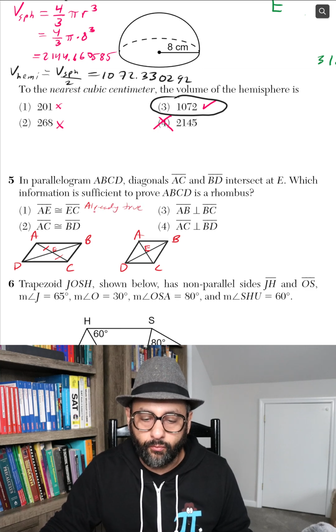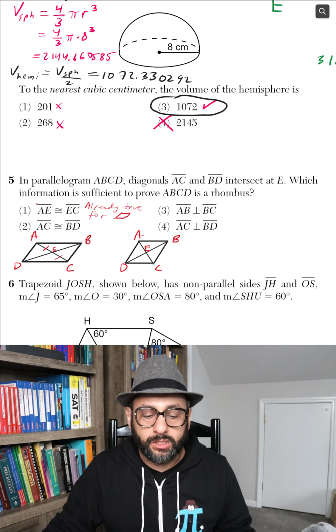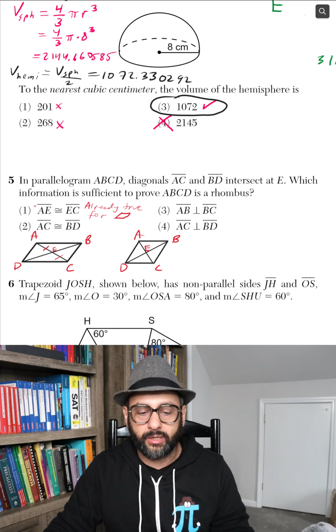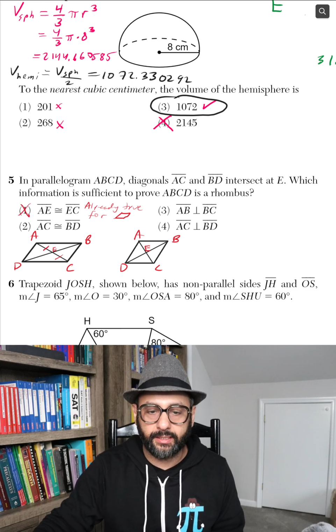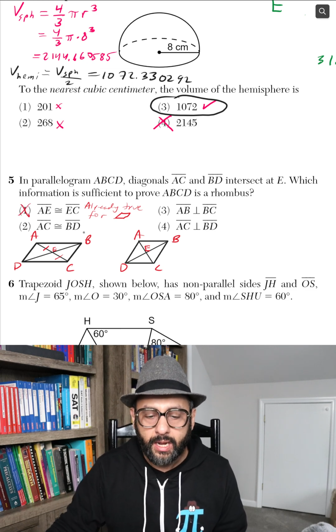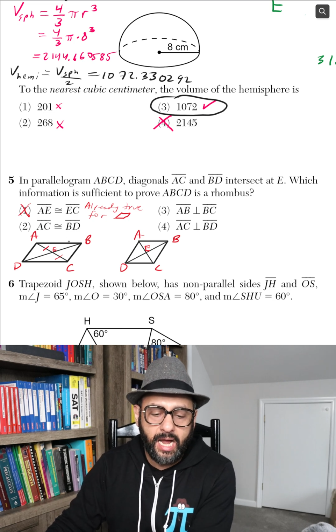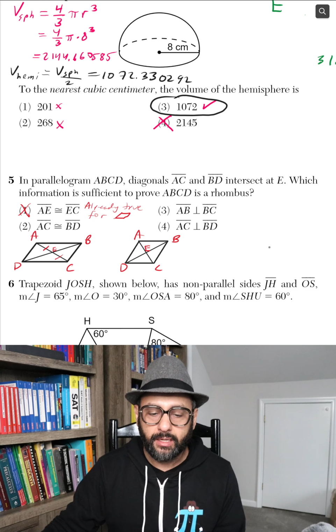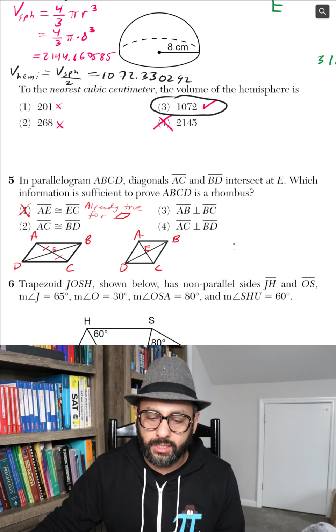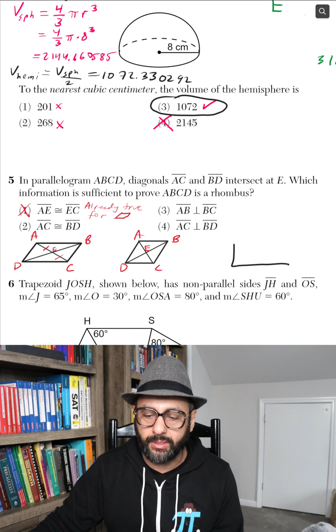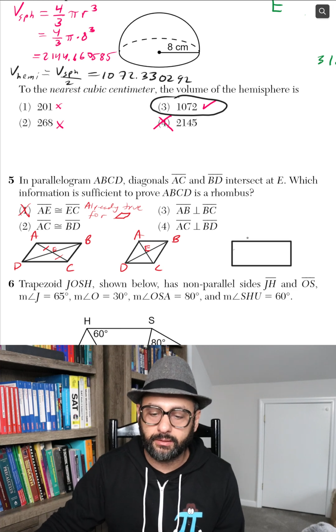True for all parallelograms. Okay? Which means that it can't force the parallelogram to be a rhombus. So that's not it. Choice 2, AC is congruent to BD. Now, if AC is congruent to BD, what that does is make it into a rectangle.